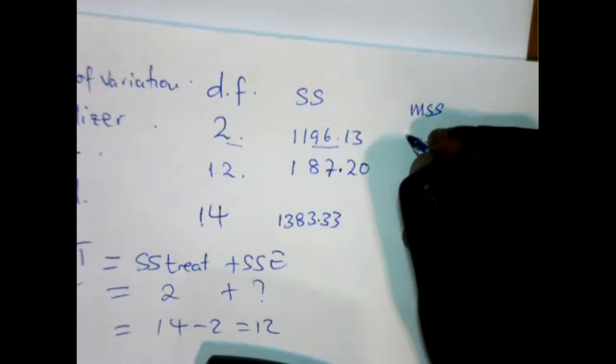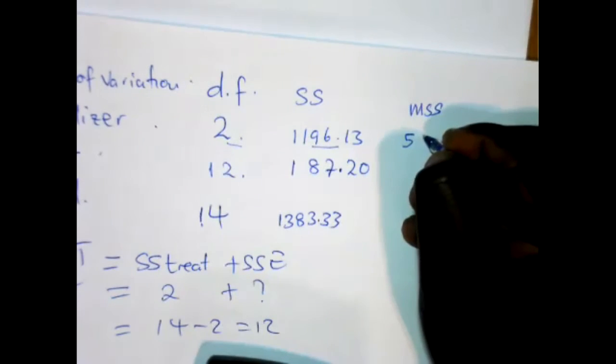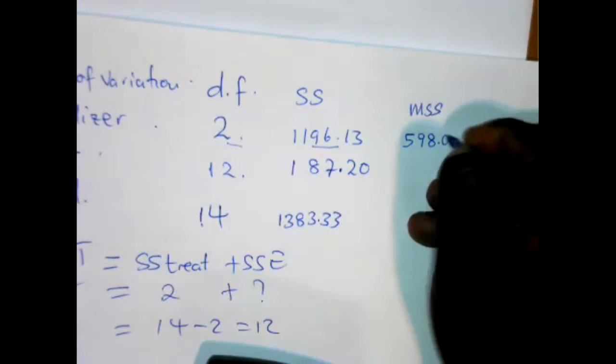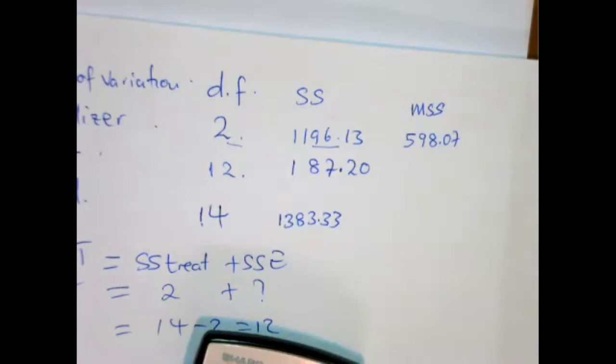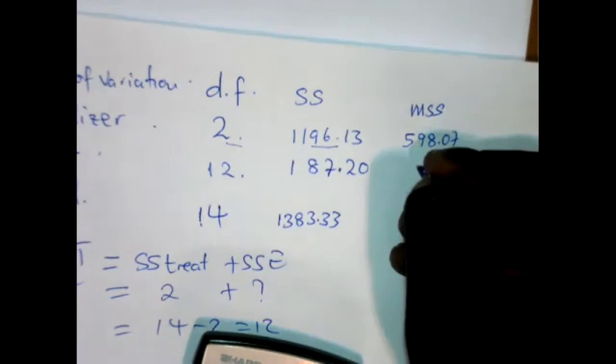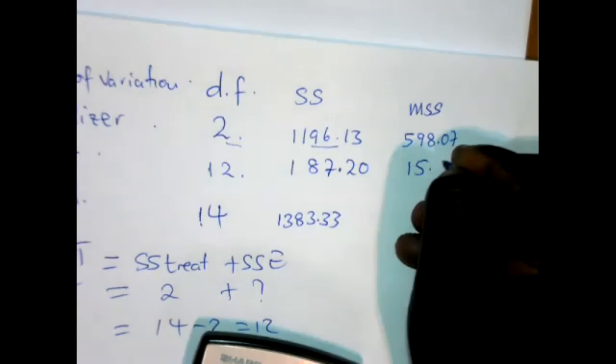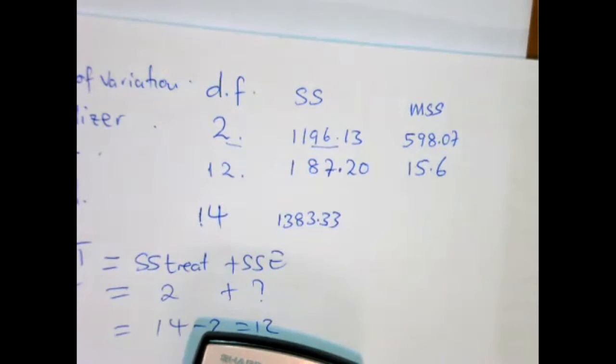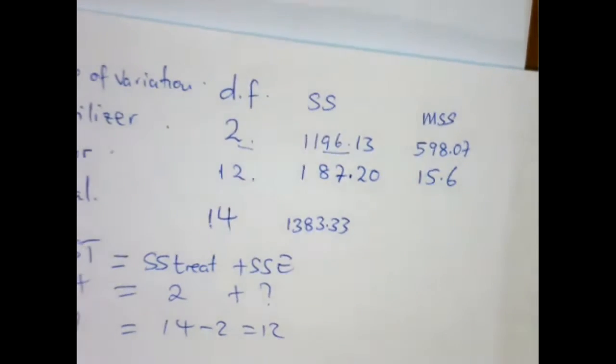So I'm getting 598.07. I've rounded also. Then 187.20 divided by 12 gives me 15.6. Remember, the purpose is to get F.